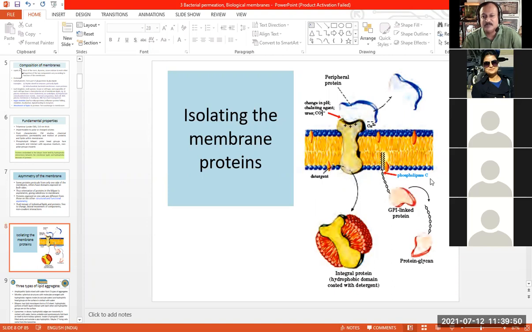For example, they have shown here phospholipase C. This particular enzyme is a lipase, a lipolytic enzyme. So by breaking the lipid bonds, this particular protein has been removed. Have you followed this? Yes, sir.